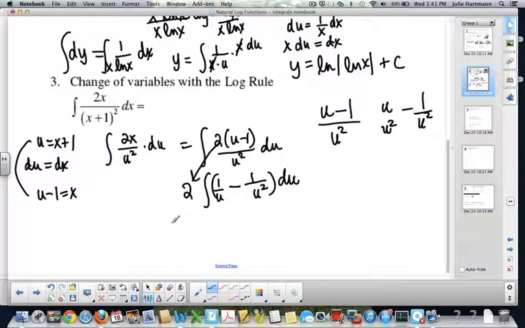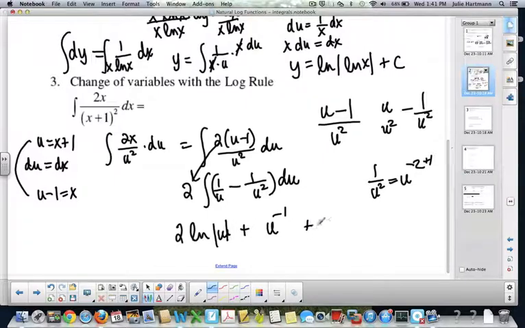Now, the integral of 1 over u is ln of u, right? But this is not. Okay, don't start being ln happy when you're doing the integral of something on the bottom. Because remember, 1 over u squared is just u to the negative 2. So that is going to end up being minus u, so plus 1 here would be to the negative 1, and negative goes out in the front, so it becomes plus 1.